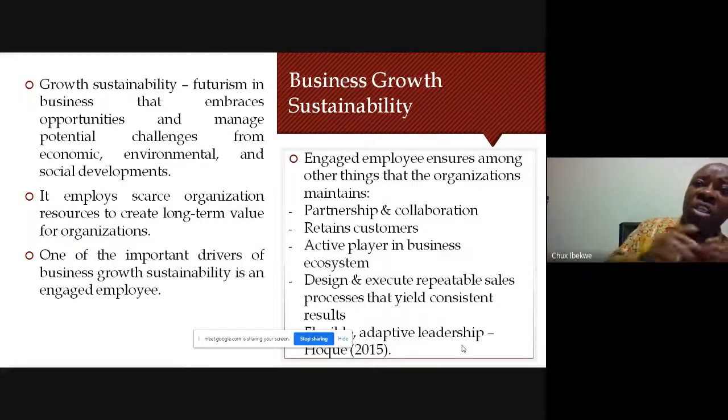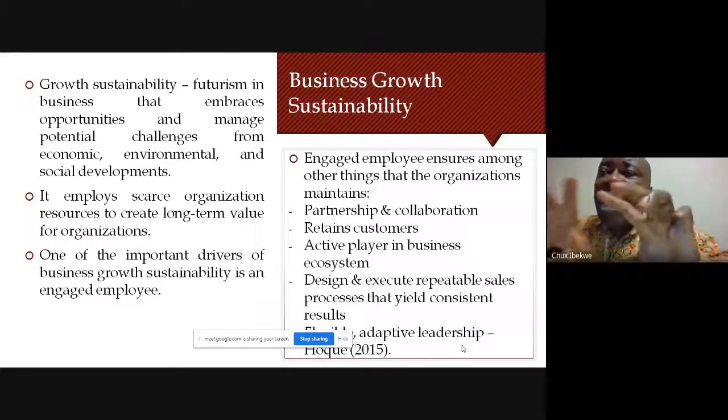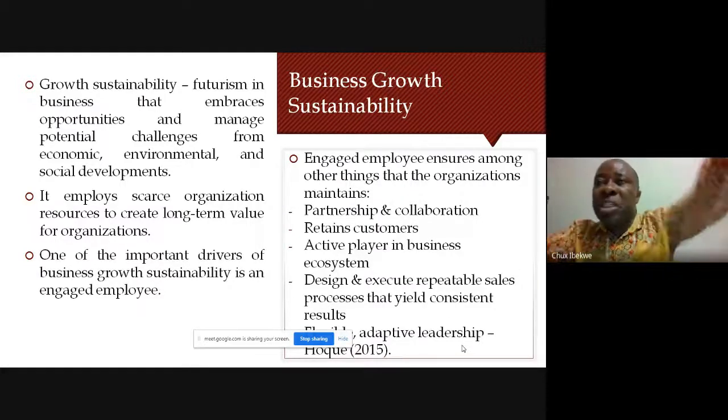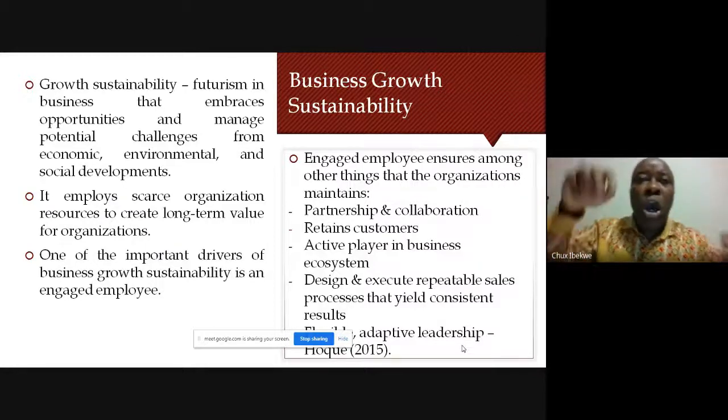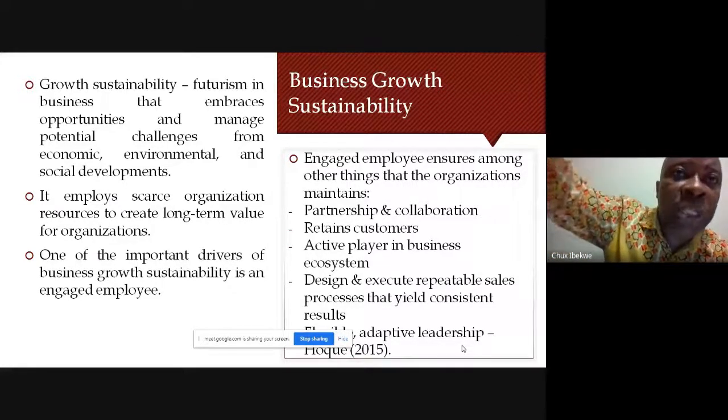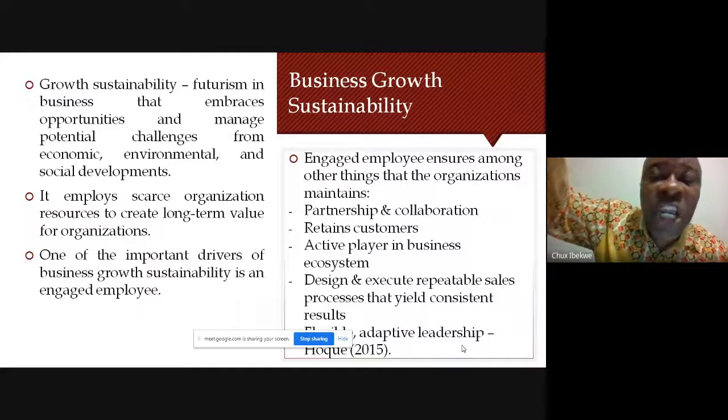Remember, as a business organization, you are a member of the ecosystem. The business ecosystem is a conglomeration of other businesses operating both within and outside the industry you're operating.